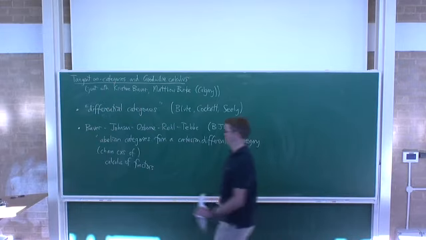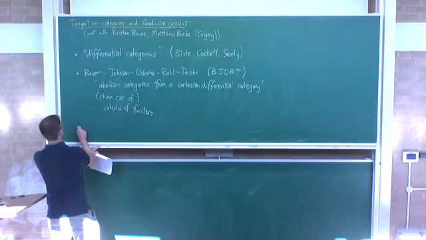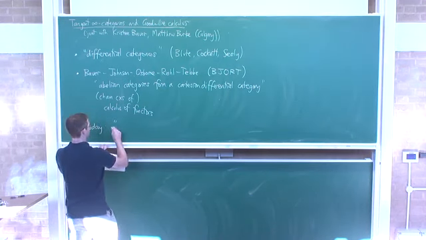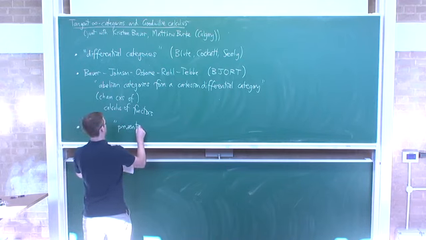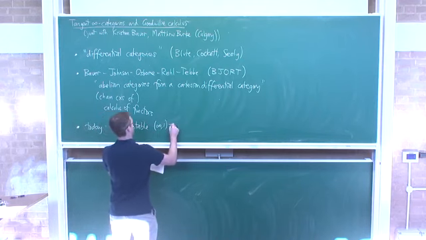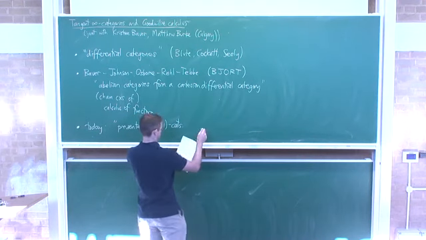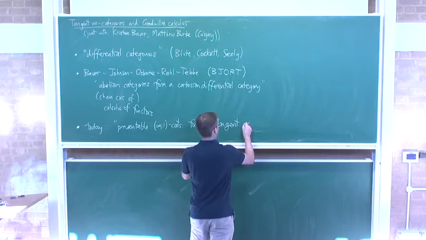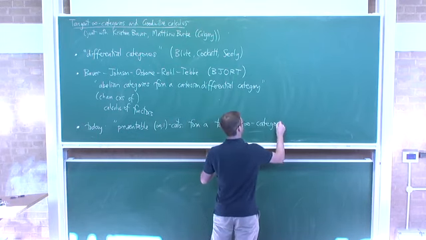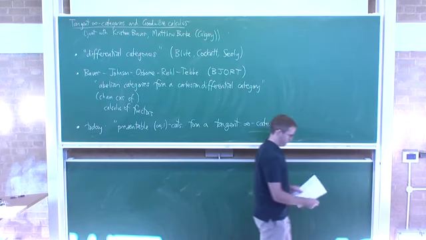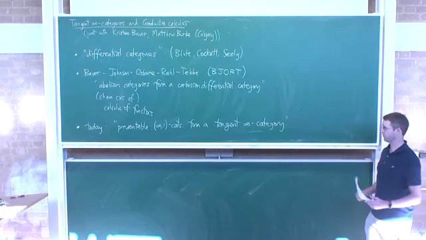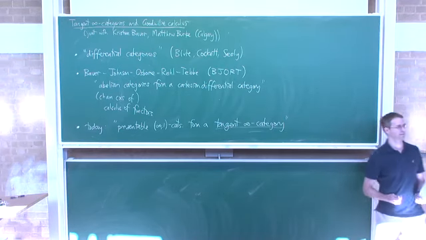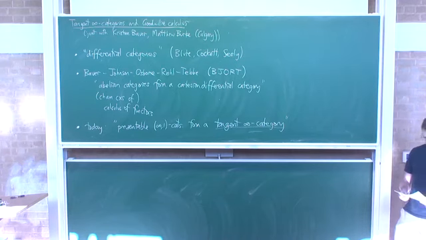And the slogan for this extension, so today, the slogan is going to be presentable infinity 1 categories form a tangent category, or a tangent infinity category. And so the main part of the talk, I'm going to try and tell you what a tangent infinity category is and how the presentable infinity 1 categories form such a thing.